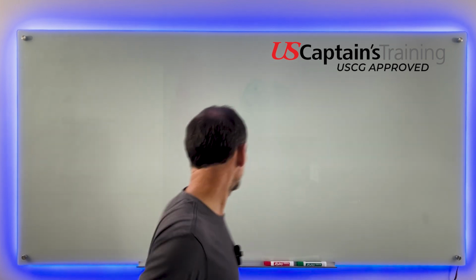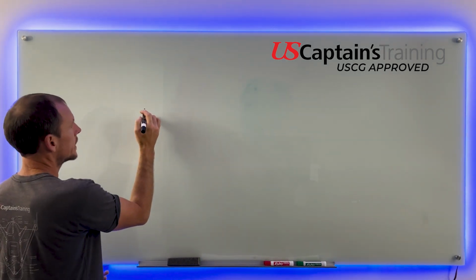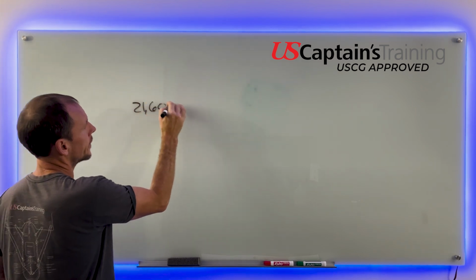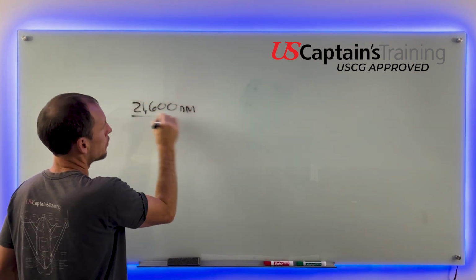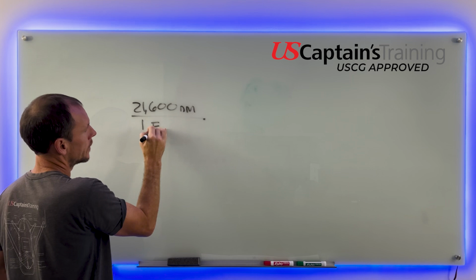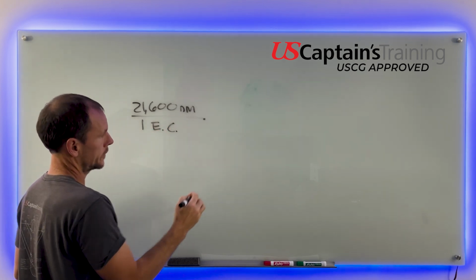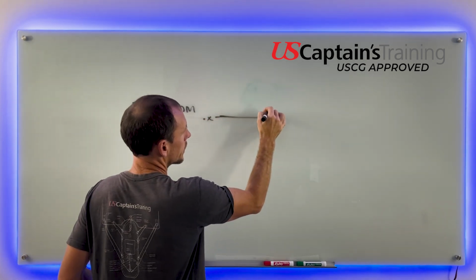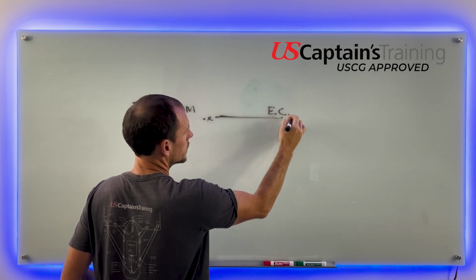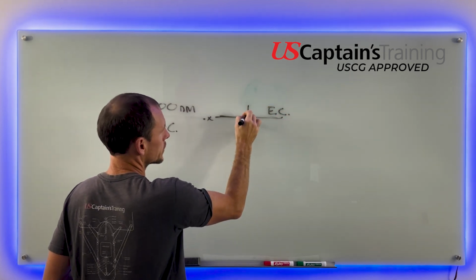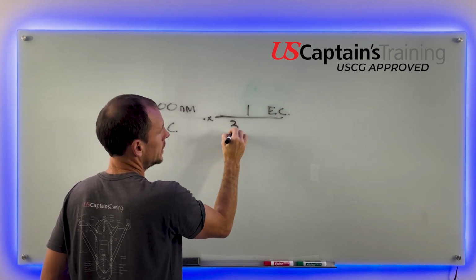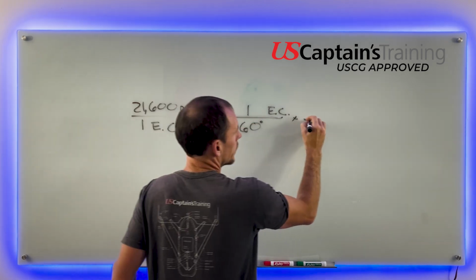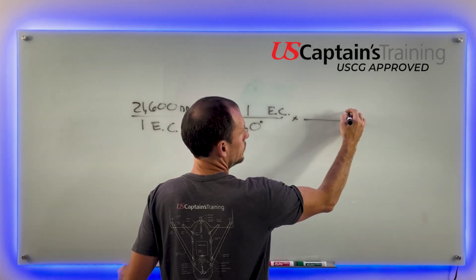We can prove this. We can say there's 21,600 nautical miles per 1 Earth circumference, right? And if we put Earth's circumference on the top and 1 Earth's circumference, there's 360 degrees, okay? And then we put degrees on the top.